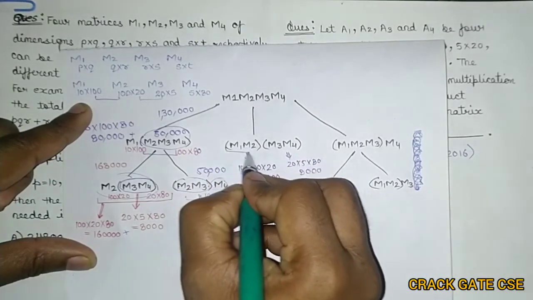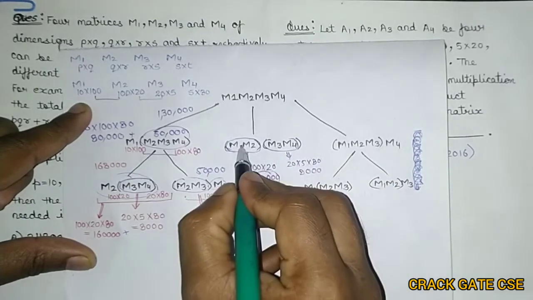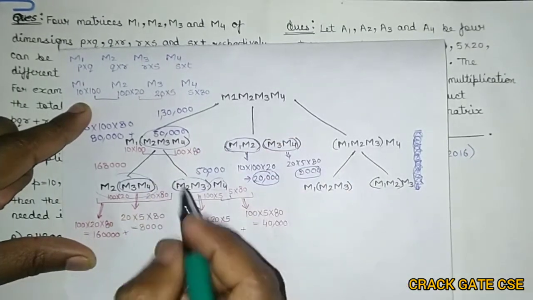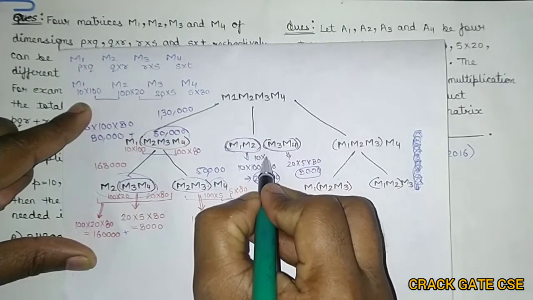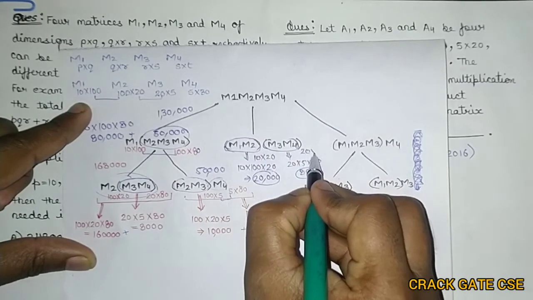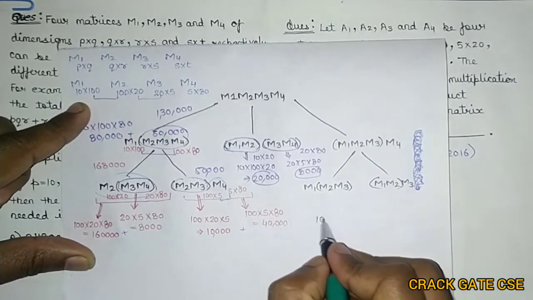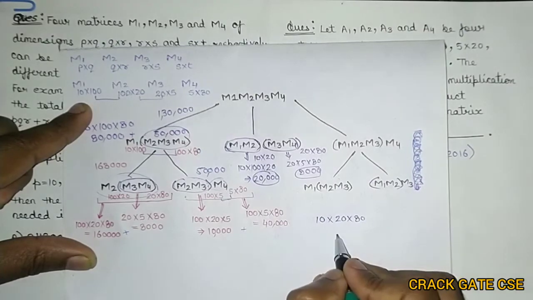But now I have to multiply this with this. This one is for m1, m2, this one is for m3, m4. But now I have to combinedly multiply. So m1, m2 is having dimension 10 into 20 and m3, m4 is having dimension 20 into 80. So what will it be? It will be 10 into 20 into 80, right?